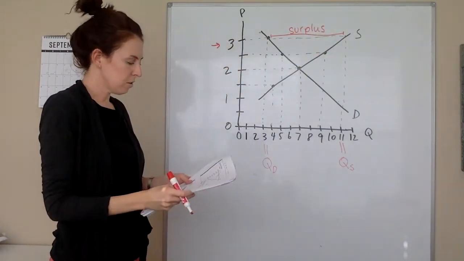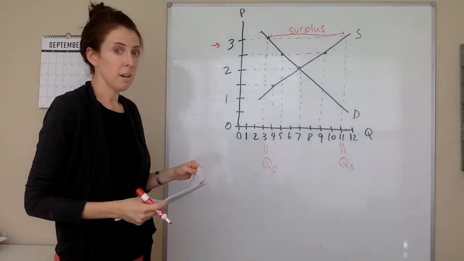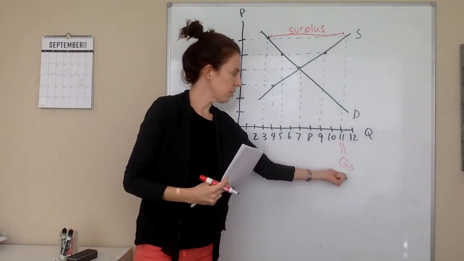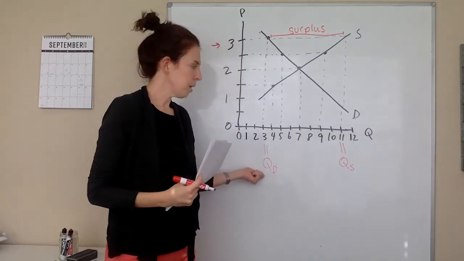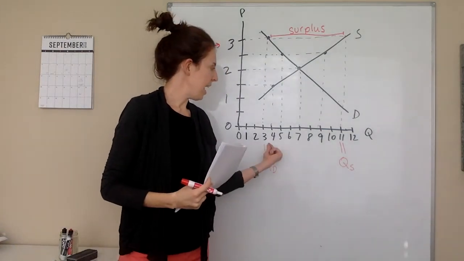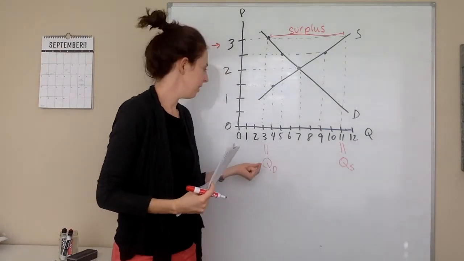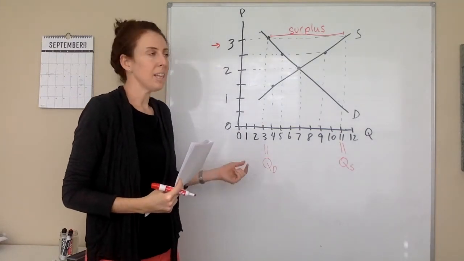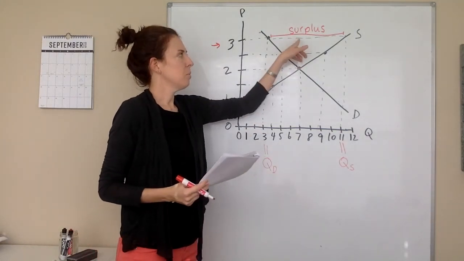Specifically, there's a surplus of 8 units here, because there are 11 ice cream cones on the shelf, 3 get purchased, and 8 are left over.